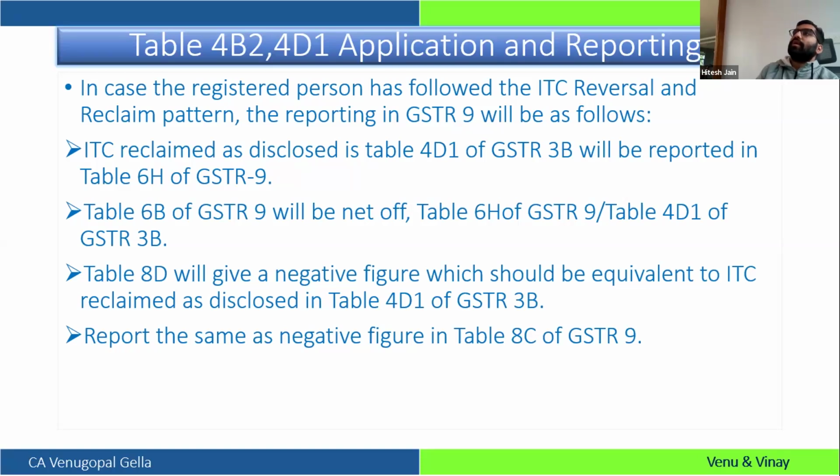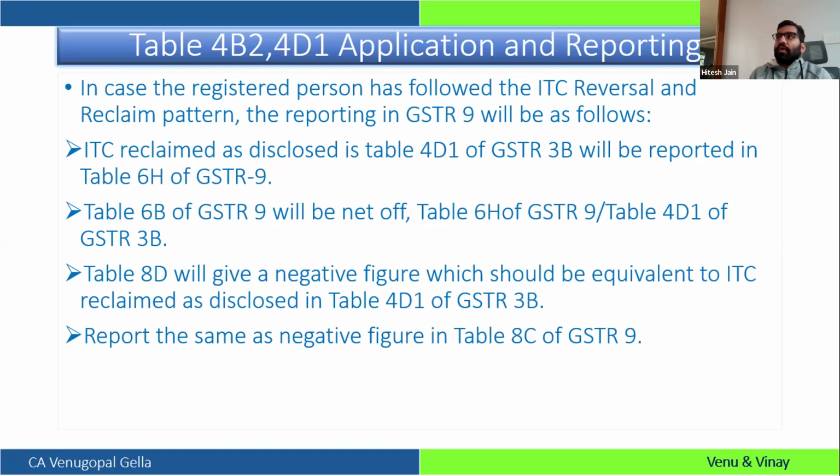So what we found is, suppose you have made your 4D1 disclosure and you have reported in table 6H, when you go to table 8 of GSTR 9, you see that a negative amount of difference is coming in table 8D to the extent of such reclaim, considering all other ITC is matching with your books of accounts. So, in many cases, we have found that notices have been issued in case figures have been reported in negative in table 8D.